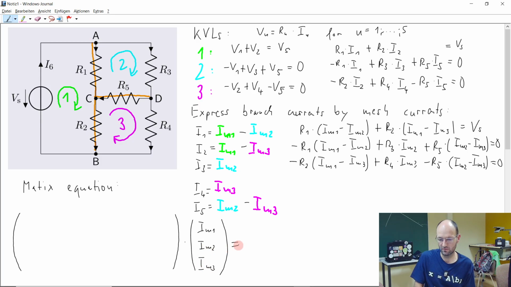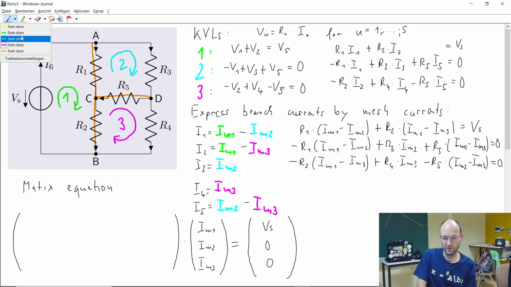And then on the right side, we have the sources, which are fairly simple: just Vs and 0 and 0. Now we need to check: we need one column associated with IM1, one column associated with IM2, and a last column associated with IM3.